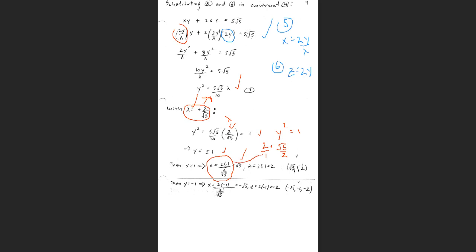And you get root 5. And then z is equal to 2 times y, you get 2. So one of the points is root 5, comma 1, comma 2. Now when y equals negative 1, you'll get another point, which is negative root 5, negative 1, negative 2.